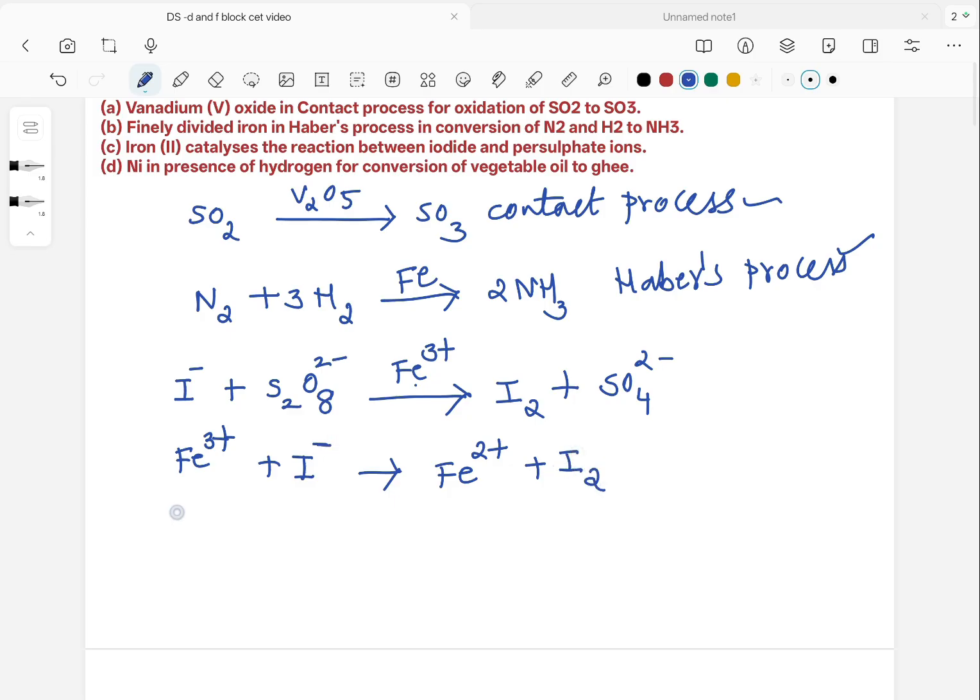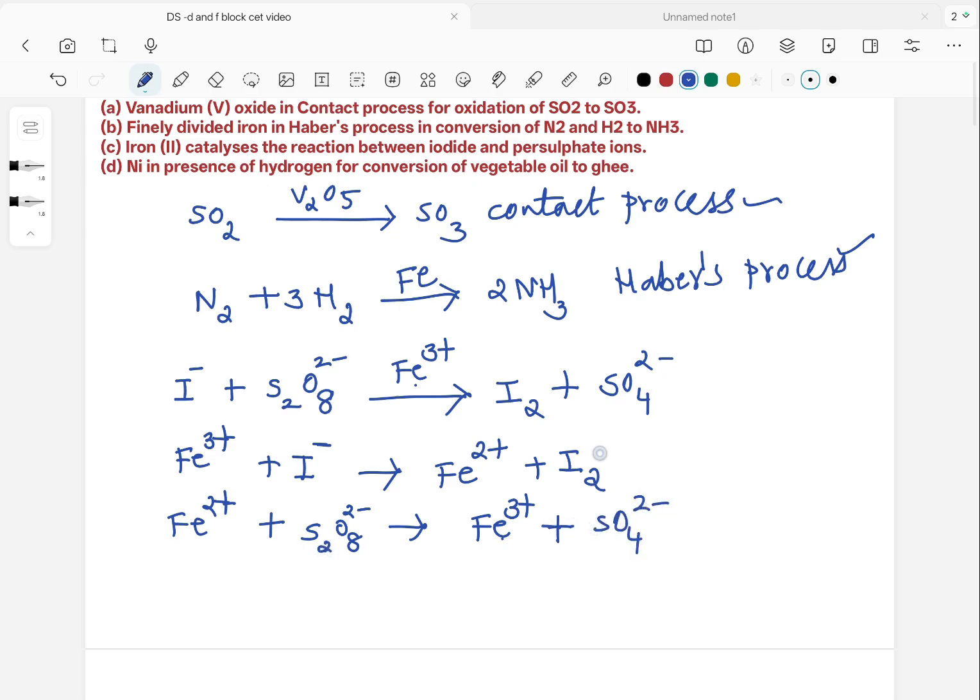In the next step, ferrous ion reacts with persulfate ion, S2O8 2-, and forms Fe3+, where ferrous gets oxidized to ferric and persulfate gets reduced to sulfate ion.